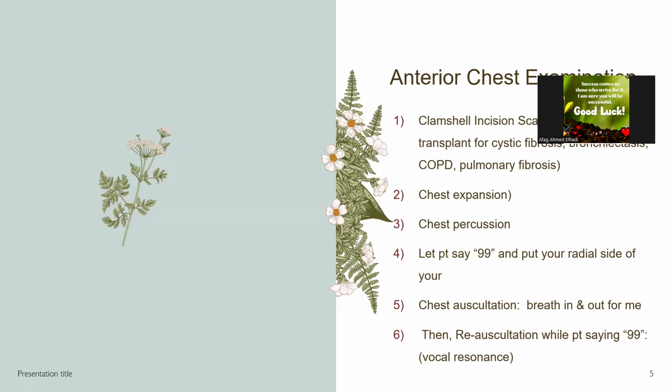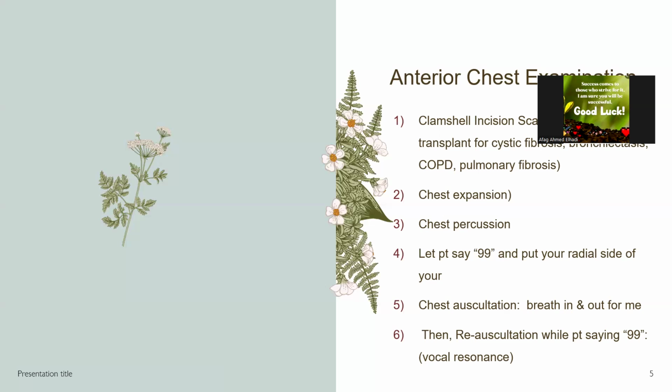And when we finish with chest expansion, we need to do the percussion. We keep a note again: is it dull on percussion? The normal should be resonance. Is it hyper-resonant as in COPD, or dull on percussion as in pneumonectomy, fibrosis, collapse, or consolidation?